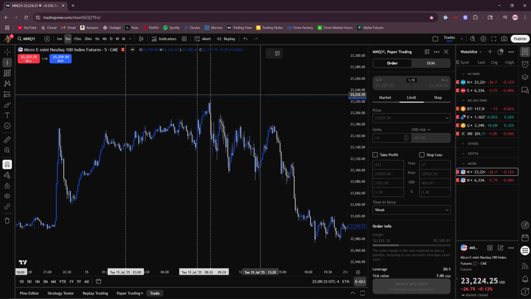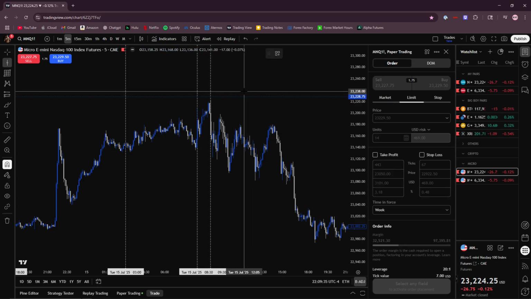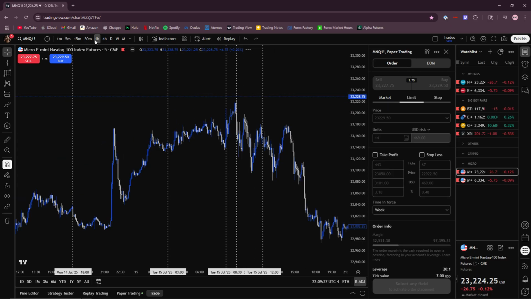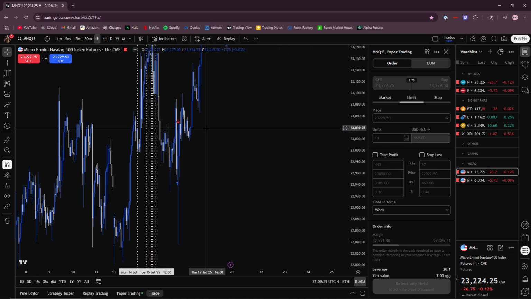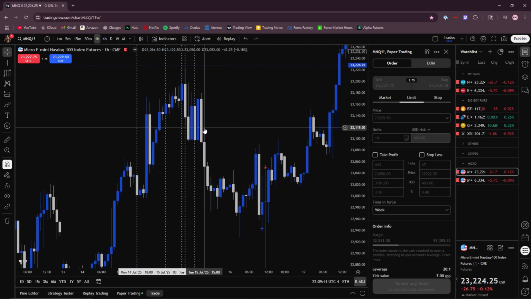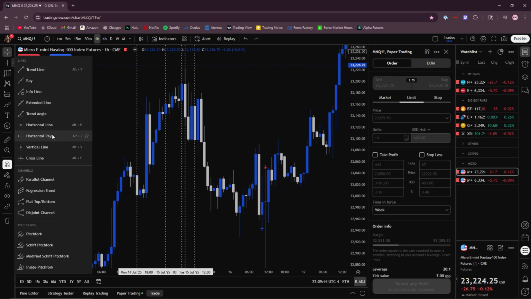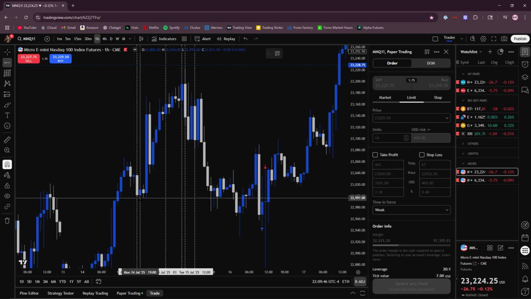Okay, so this is basically our whole setup here. Let me look on the 1 hour time frame for everything else that we would have targeted. I'm pretty sure today was shorts. Yeah, we were looking at shorts today.